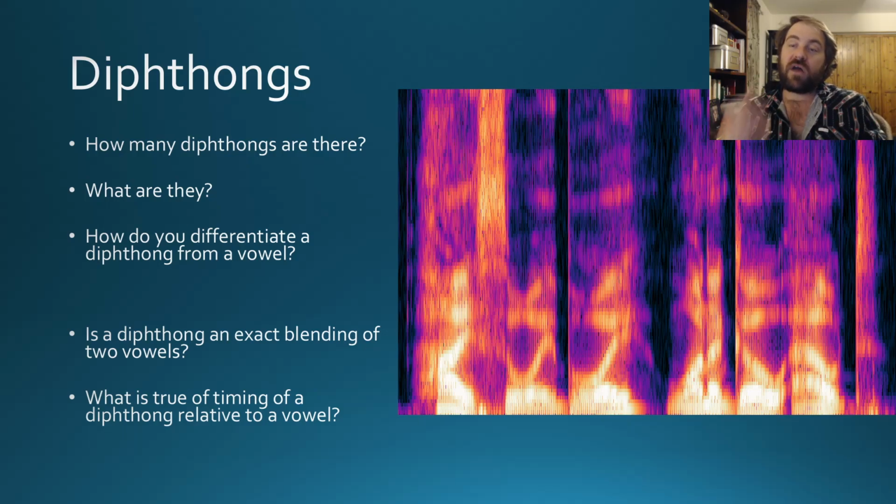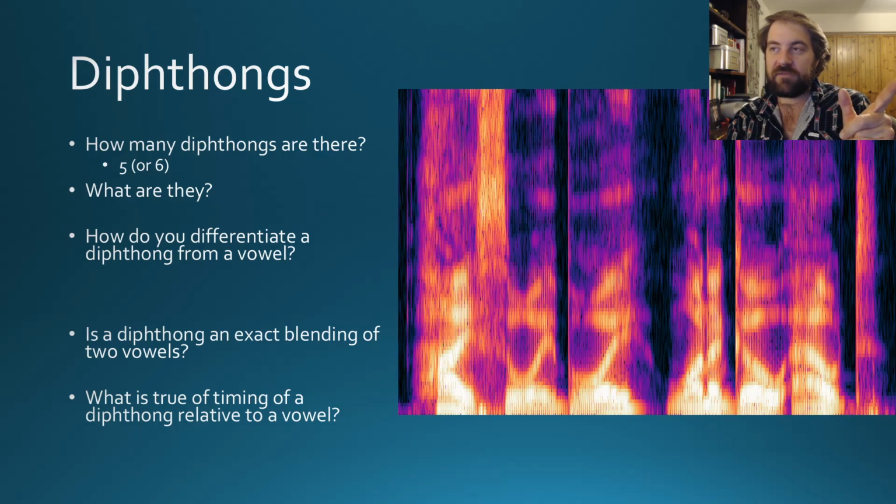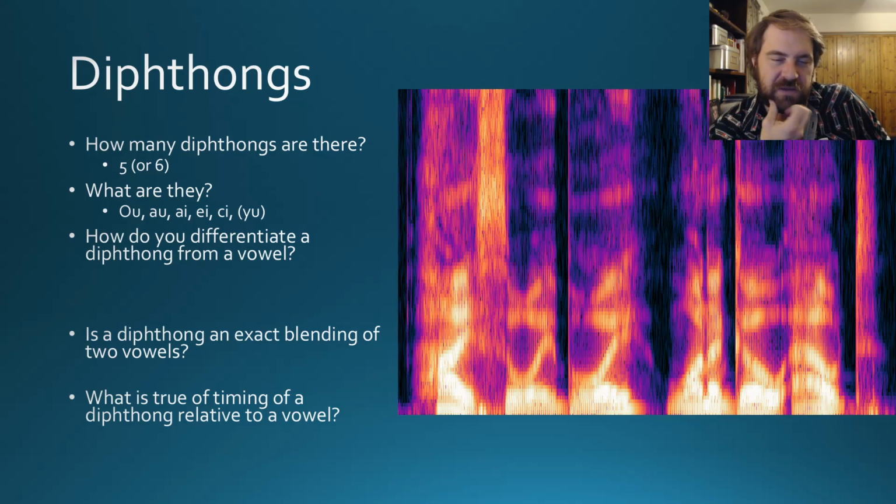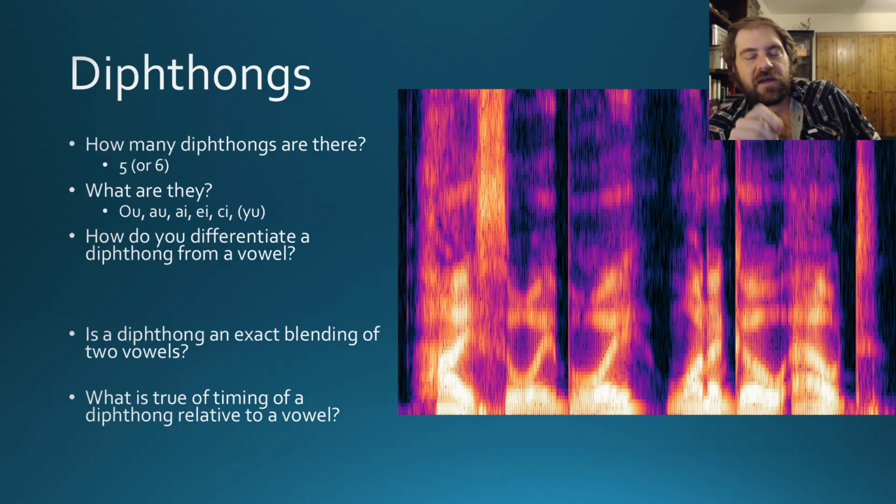How many diphthongs are there? There are 5 or 6. I'm not going to trick you with that question. The answer that I'm going to have is, 6 is not going to be an option unless I say 5 or 6.